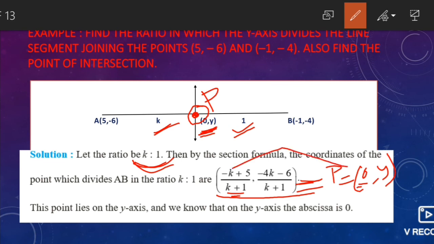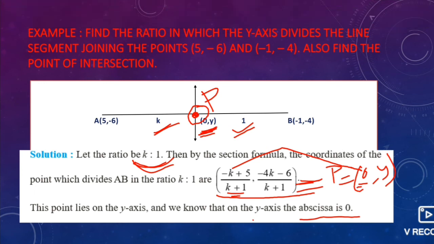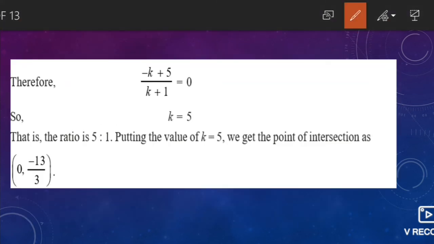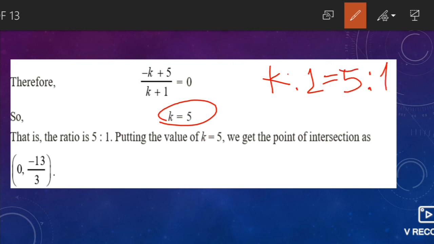These two have to be equal, since the abscissa is equal to 0. So equate this with 0 and you will find the value of k is equal to 5. So you considered the ratio as k:1 and k is 5, that means the ratio will be 5:1.